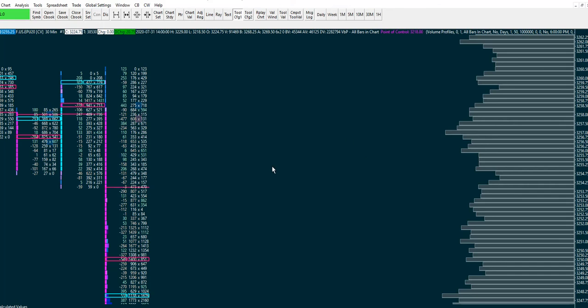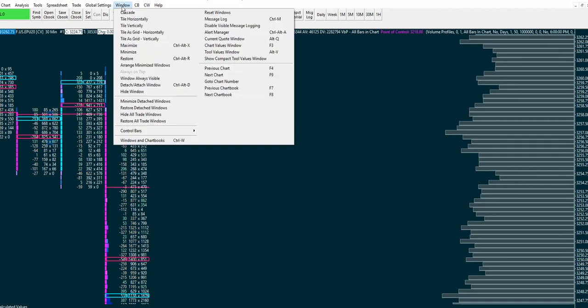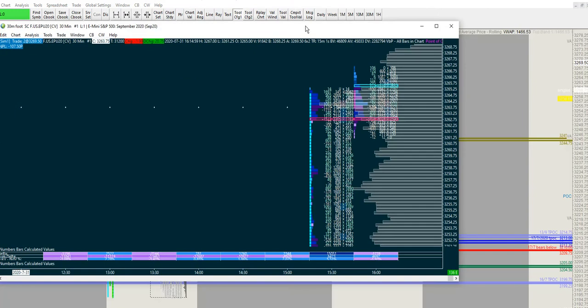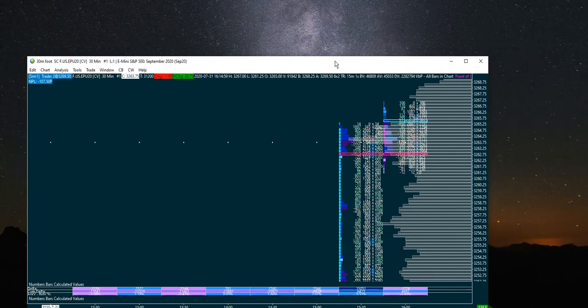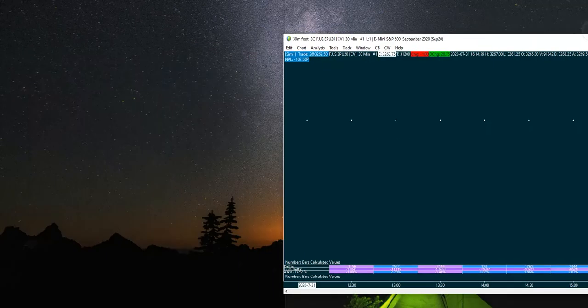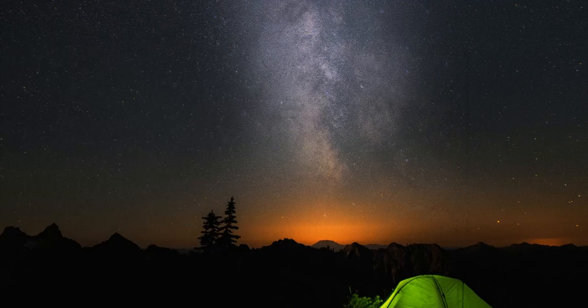I have three screens here. I mostly trade off this screen in front of me with the Jigsaw dome and everything. But you can go to Windows, and then you can detach, attach, and this is going to detach this window and put it to the left or to the right, whichever screen you want to play with. So that's a feature that I was getting some questions on.